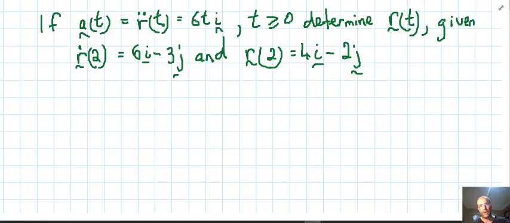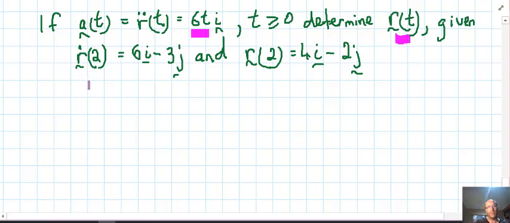Okay, now for a more advanced one to finish off the video. So we are given acceleration in this one, and it's 6t i.